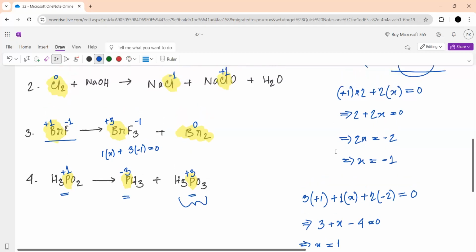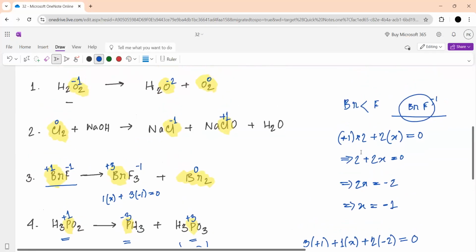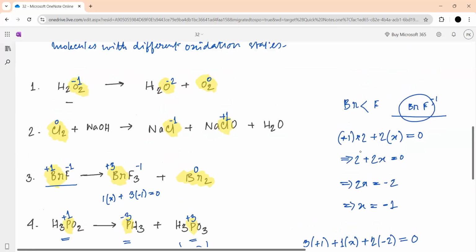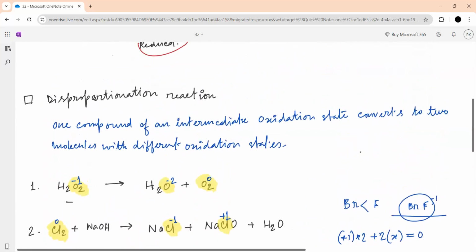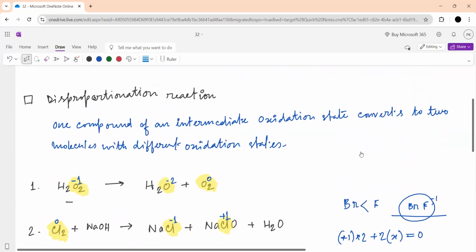So, can you see the pattern here now? In all the cases, what was our definition for disproportionation reaction? It was that one compound of an intermediate oxidation state converts to two molecules with different oxidation states.